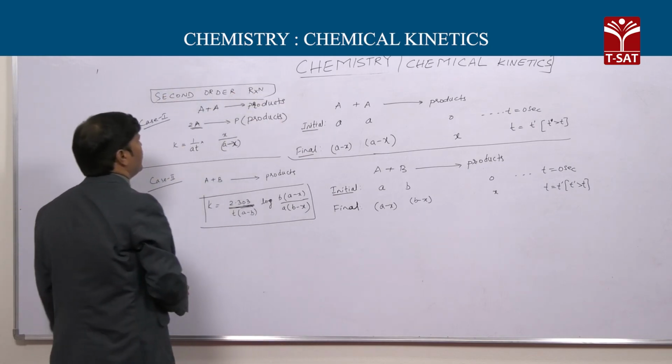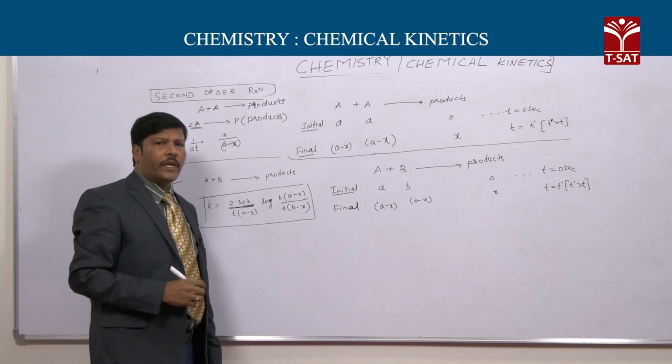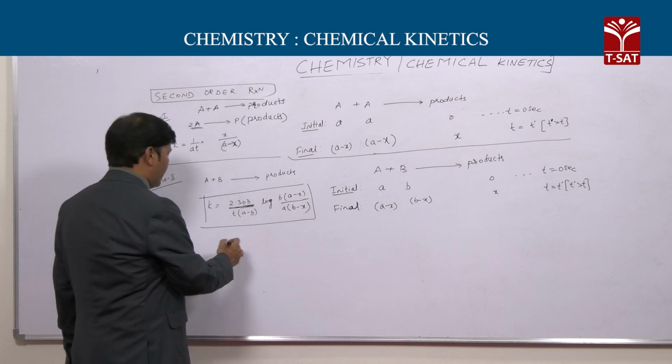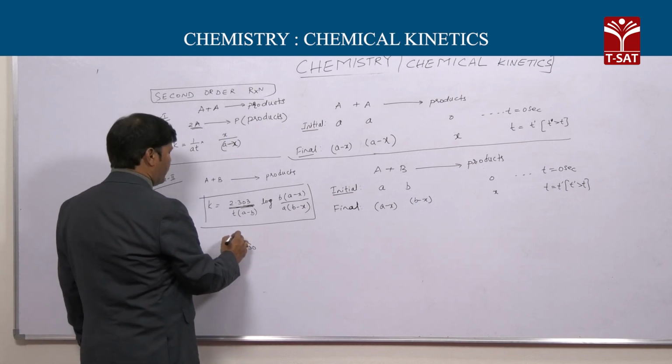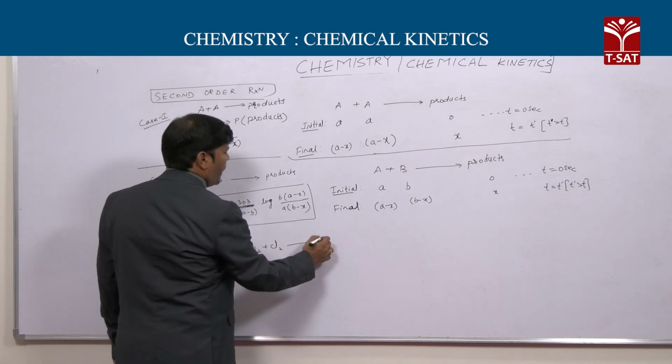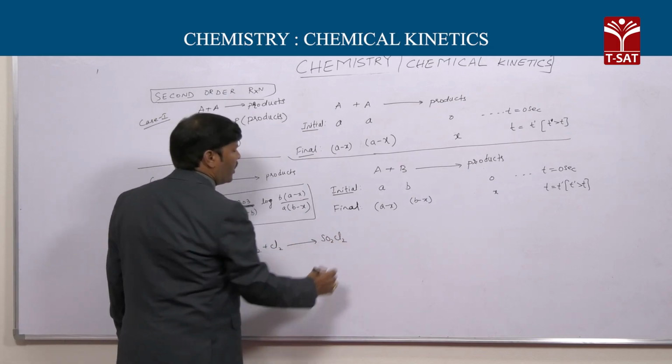For second order reactions you can take plenty of examples, like SO2. If you take sulfur dioxide plus chlorine, it gives rise to SO2Cl2, that is sulfuryl chloride.